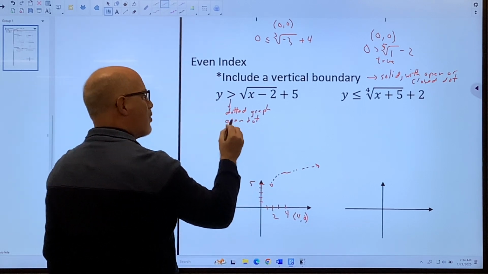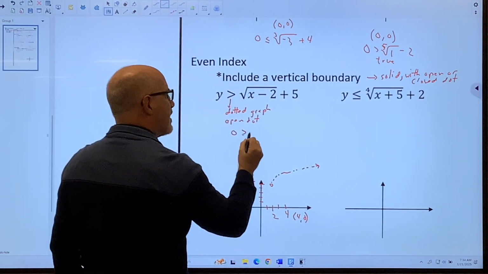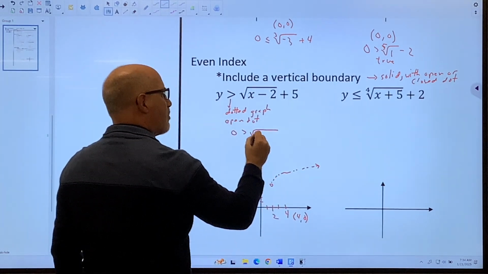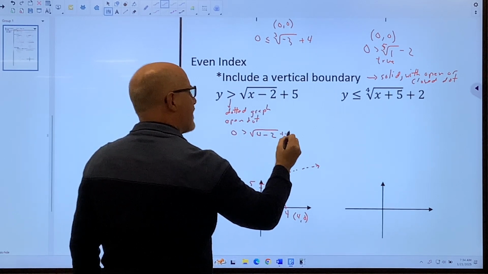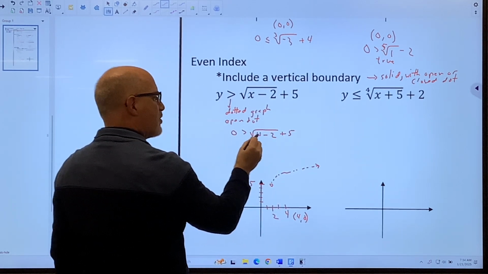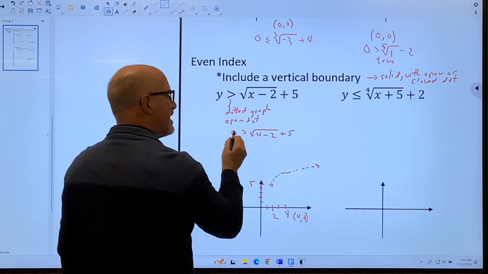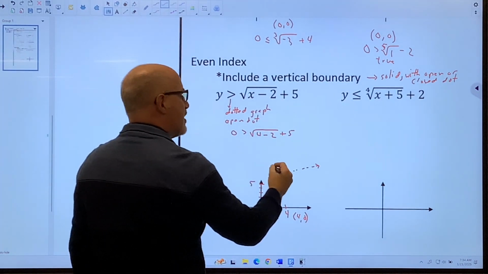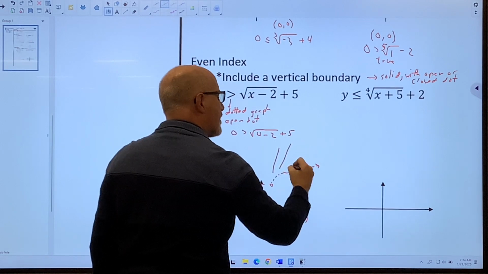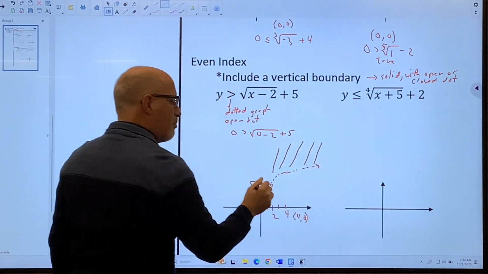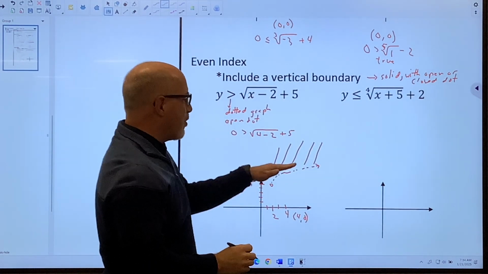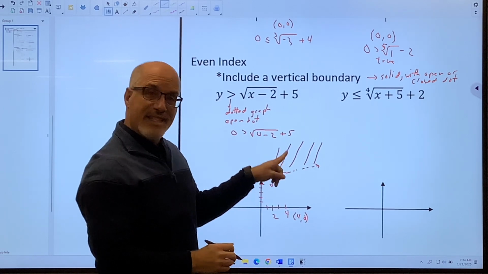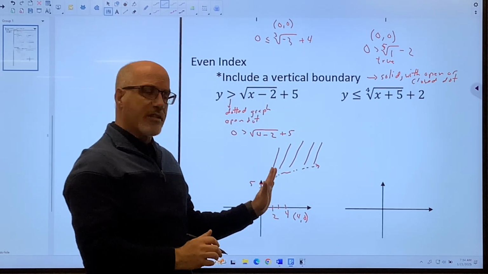If I test that point, is 0 greater than the square root of 4 minus 2 plus 5? That is the square root of 2 plus 5. Is 0 greater than that? No, because this is a positive number. So I'm going to shade on the other side of the graph. So make sure you're not testing 0, 0. It's got to be above or below this actual graph as it's been translated.